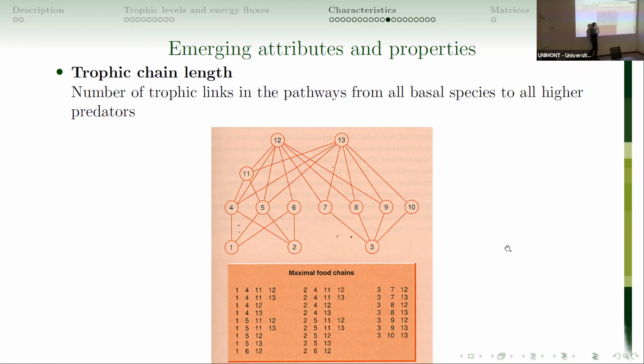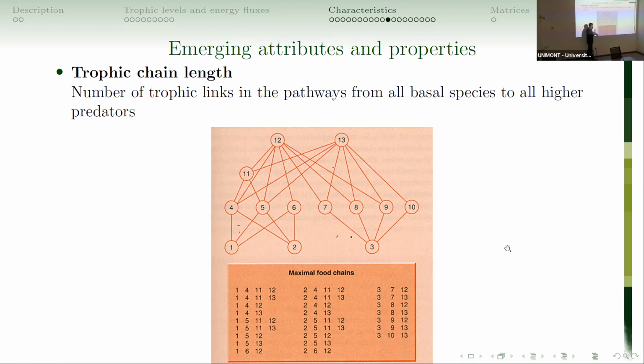This is the number of links that go from all basal species to all culminal species, divided by the number of paths. For example, in this food web, we would have to calculate all the paths from all the basal species to all the culminal species, which would be, for example, 1, 4, 11, 12, 1, 4, 12, 1, 4, 5, 12, 1, 5, 12, 1, 5, 13, right?